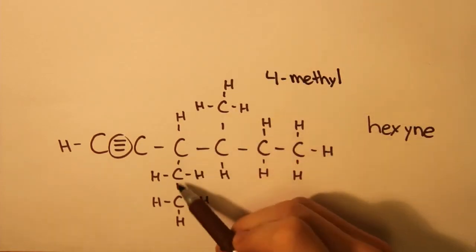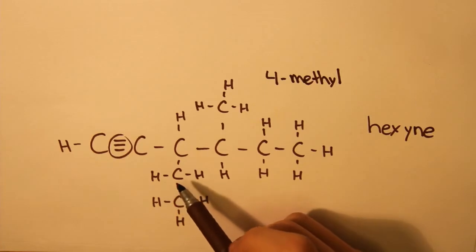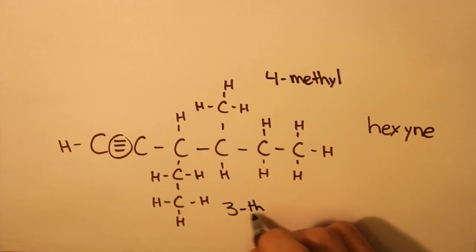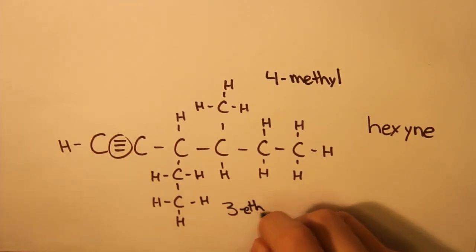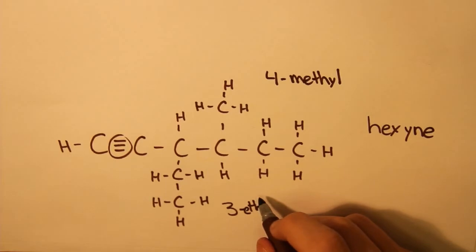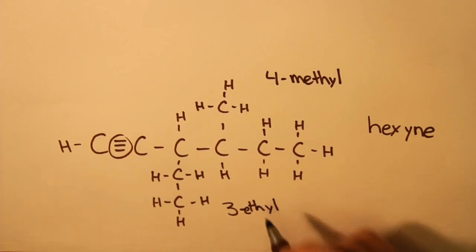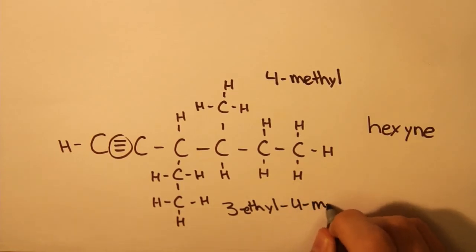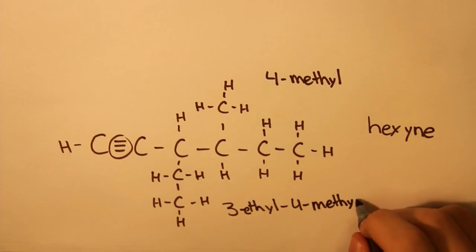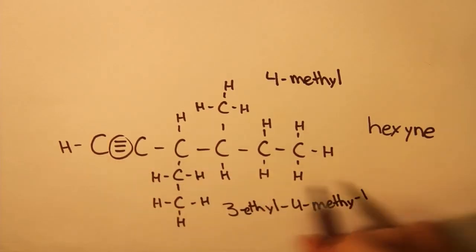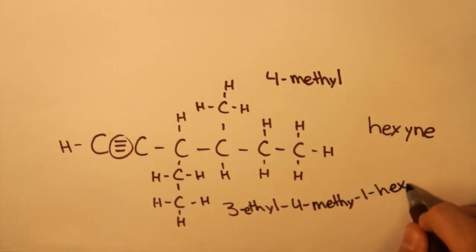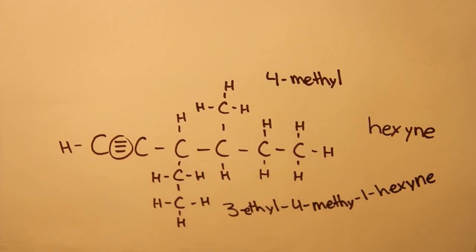Now we're going to look at this thing here. 2 carbons. That means that it is ethyl. So this thing, 3-ethyl. So now we'll just add these on. 3-ethyl-4-methyl-1-hexyne, since it's at the beginning, 1. That is how you write out this big thingamajiggy.